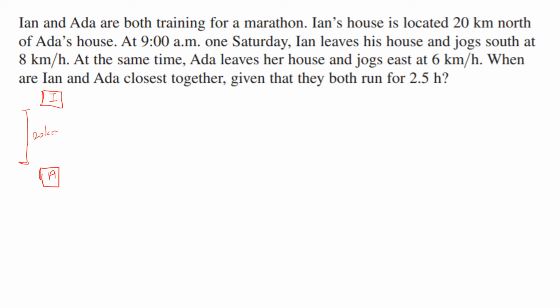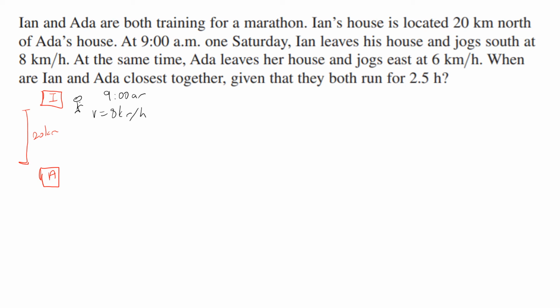At 9 a.m. one Saturday, Ian leaves his house and jogs south at 8 kilometers per hour. So I'm going to say this is my Ian, right? And it's 9 a.m. So at 9 a.m. he leaves, and I can say his velocity is 8 kilometers per hour.